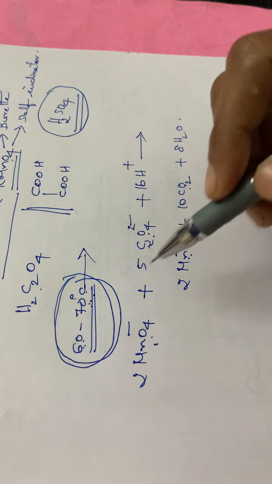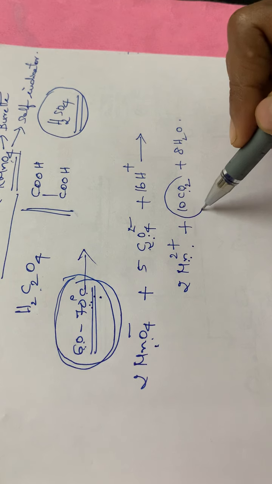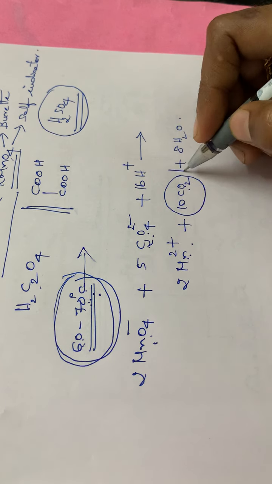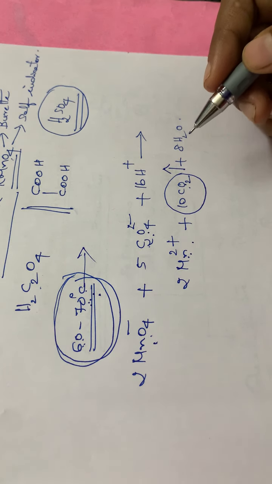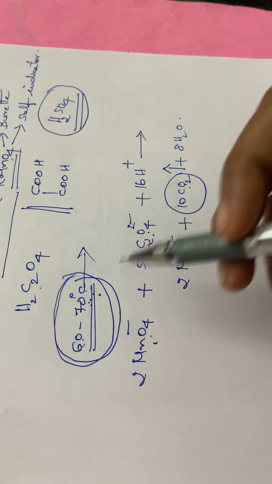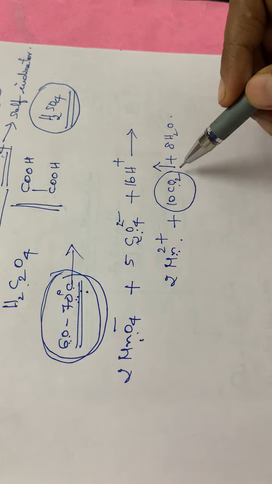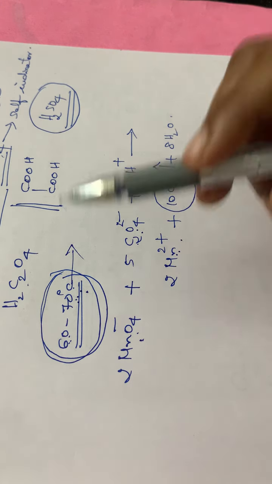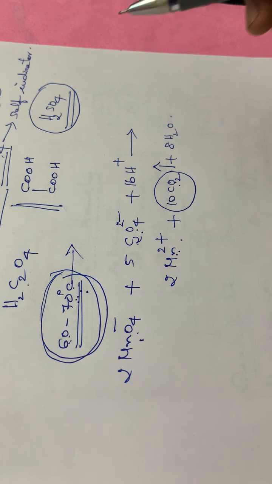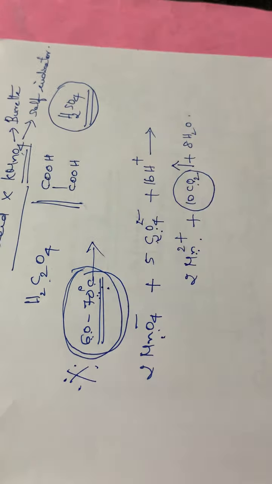If the temperature is maintained in this range, the formed carbon dioxide escapes and is removed easily, since gas escapes easily at a somewhat higher temperature. So temperature is very important in the case of oxalic acid versus potassium permanganate.